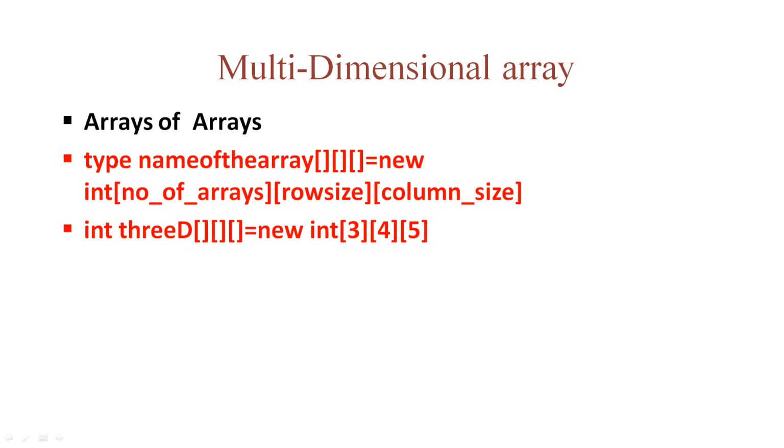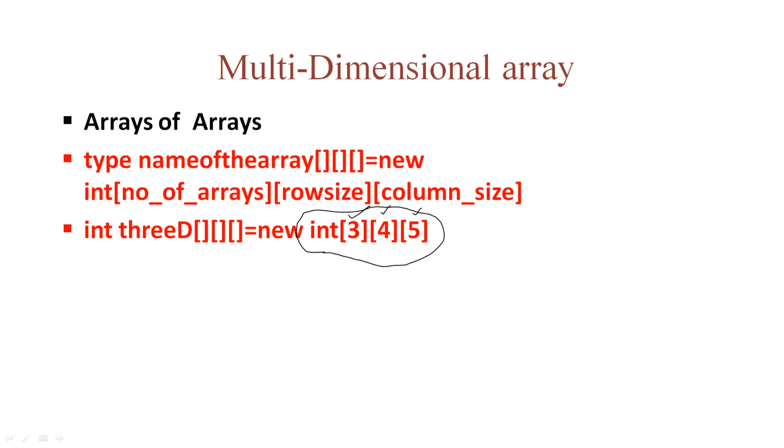Whenever we would like to implement, we declare, for example, three separate matrices with a row size where all the three matrices have 4 rows, and all the three matrices have 5 columns.